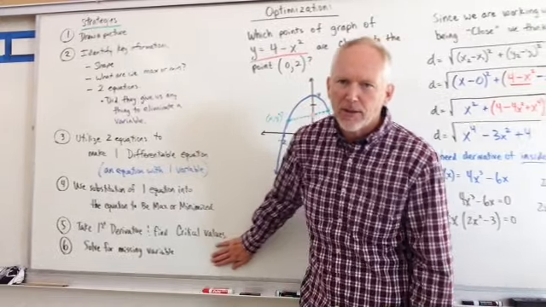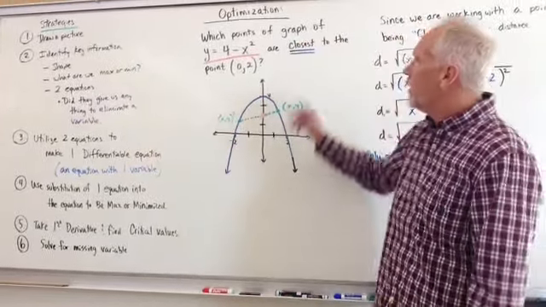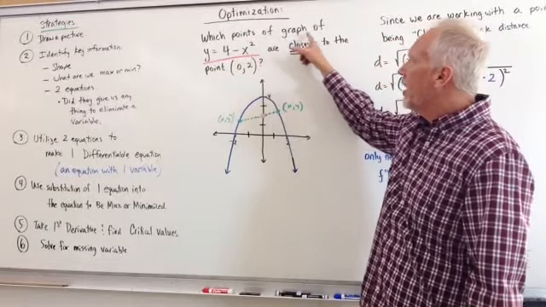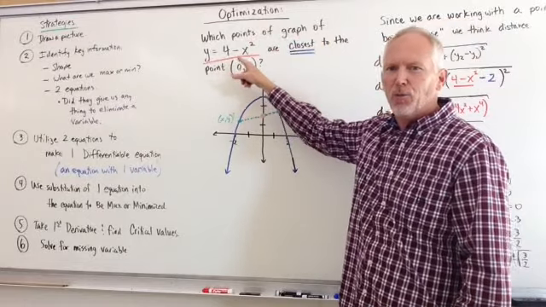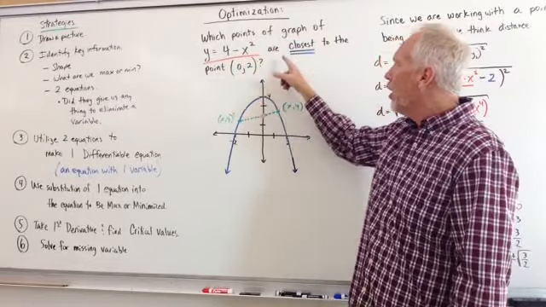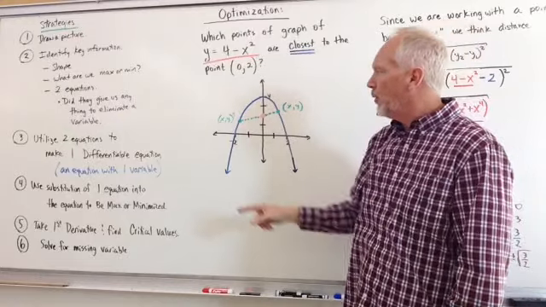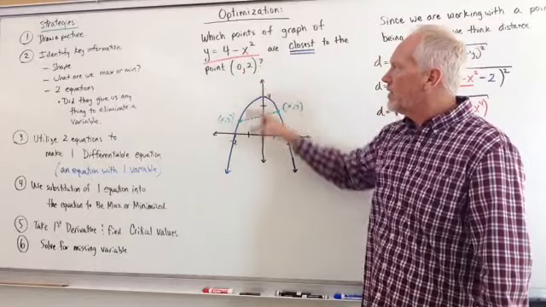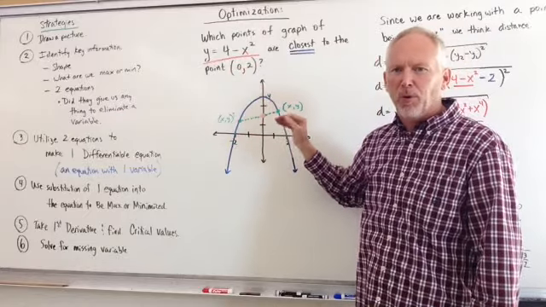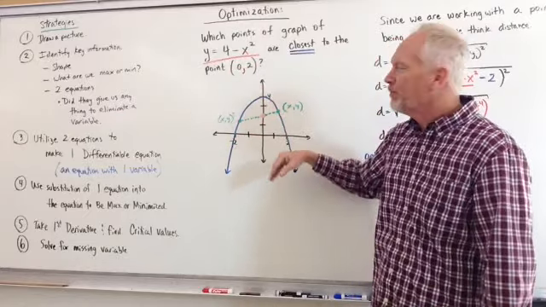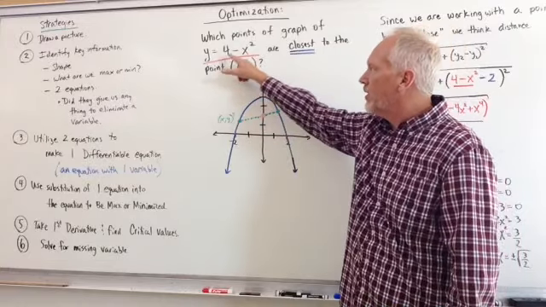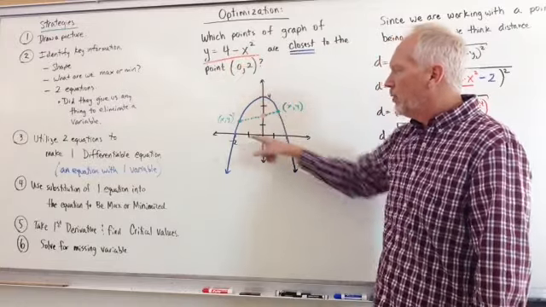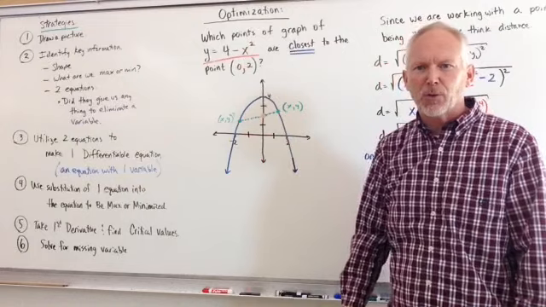All right, let's see. So, here we have a question. It says, which points of the graph of y equals 4 minus x squared are closest to the point (0, 2)? All right, so 4 minus x squared is a parabola. It's pointing down. It's raised up 4 units. Negative parabola, which goes through the points negative 2 and 2.